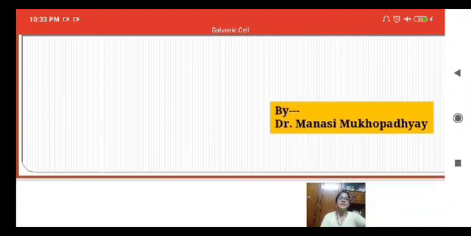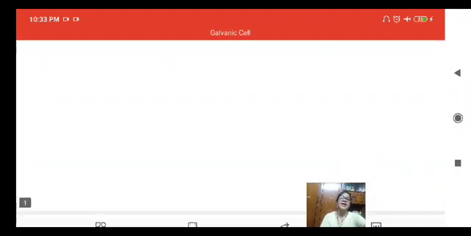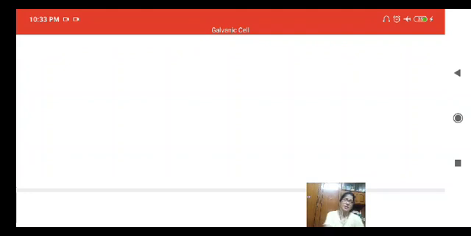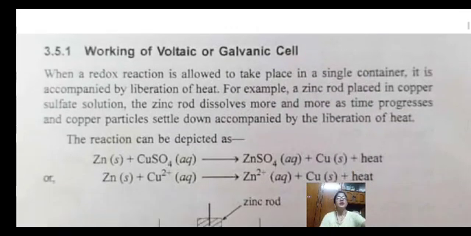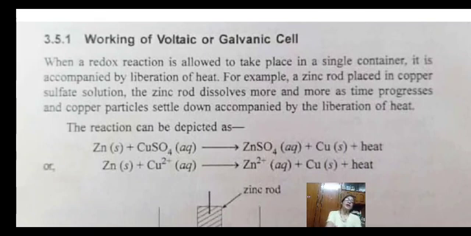Now, what does a cell mean? A cell is a device which converts chemical energy into electrical energy. The other name of the galvanic cell is the voltaic cell.